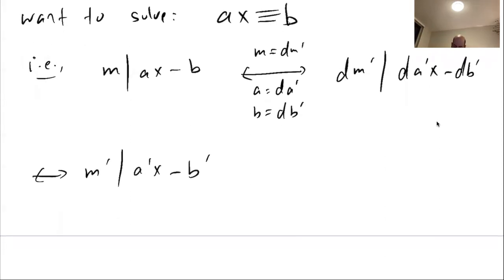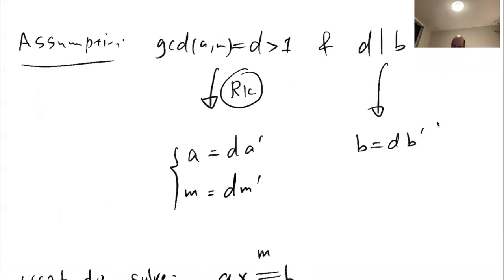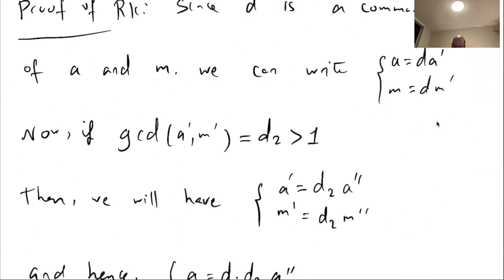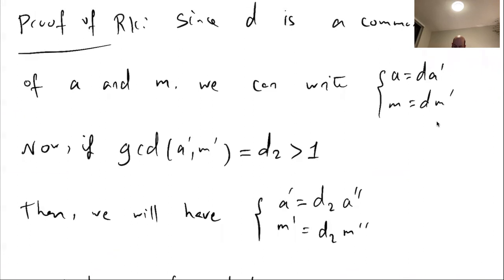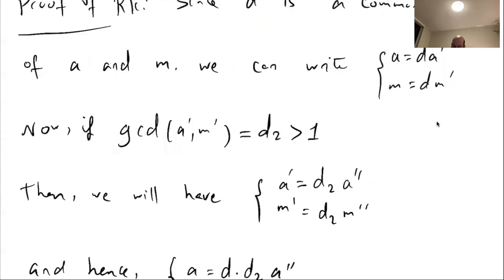And this is the same as saying that A prime X is congruent to B prime mod M prime, with, remember, GCD of A prime and M prime equal to 1, right? That's what the remark said, that if A is DA prime and M is DM prime, then GCD of A prime and M prime is 1.